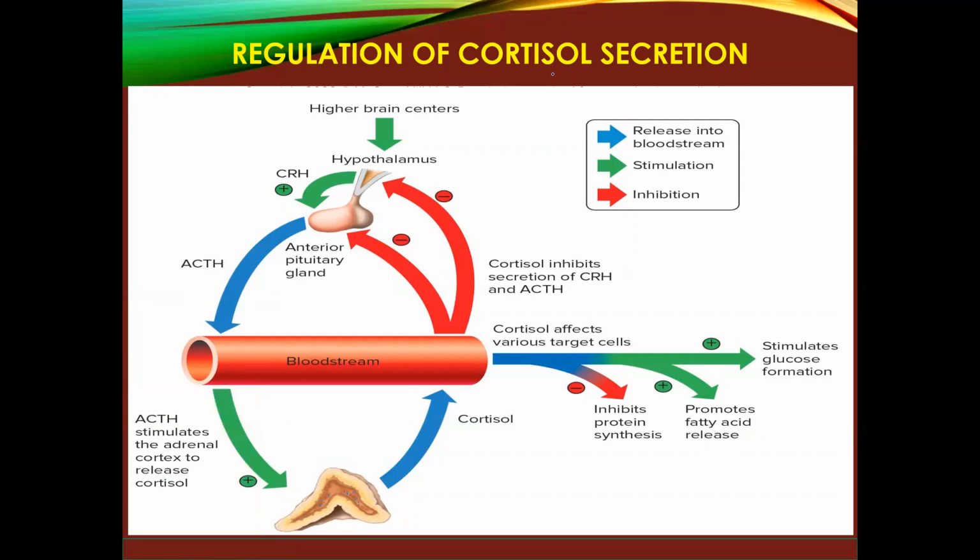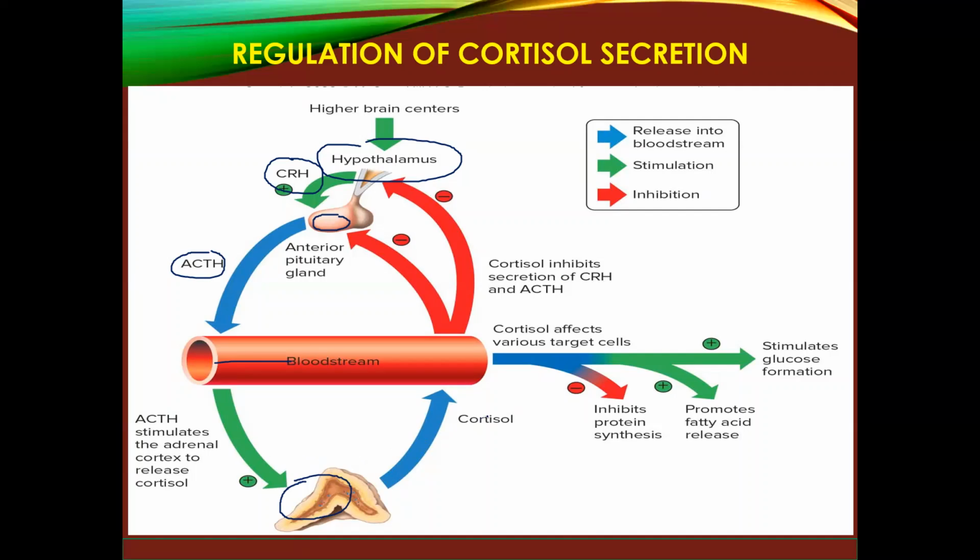So this is the control for cortisol secretion. The hypothalamus, remember, will produce CRH. CRH will go to the anterior pituitary gland in order to produce ACTH. It will go to the bloodstream and finally reach the adrenal glands, especially the adrenal cortex.